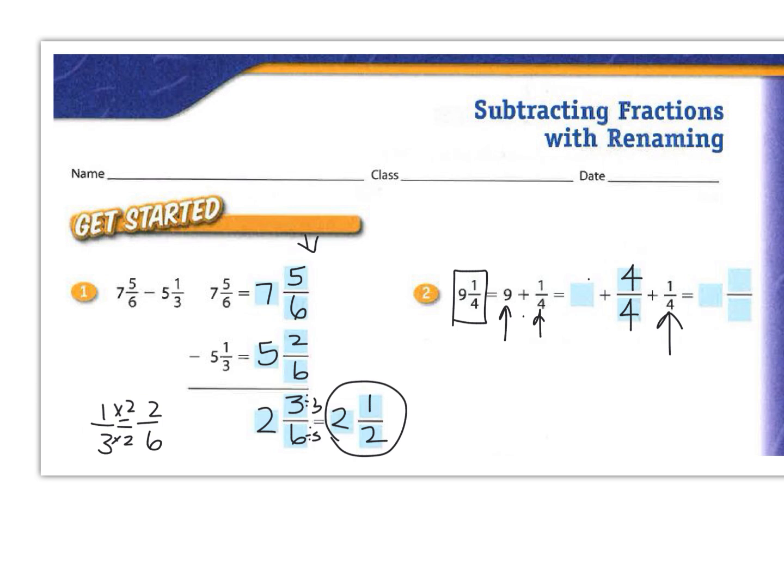So then what you're doing is you're taking away 1 from the 9 and making it into a fraction. And then you have 8 left. Okay, so the same thing is, this is 8 plus 4 over 4, which is 1, plus 1/4. So 8 plus 1 is 9 and 1/4.